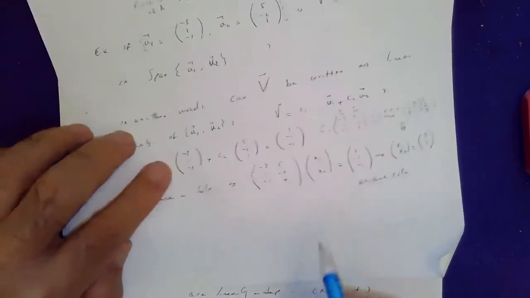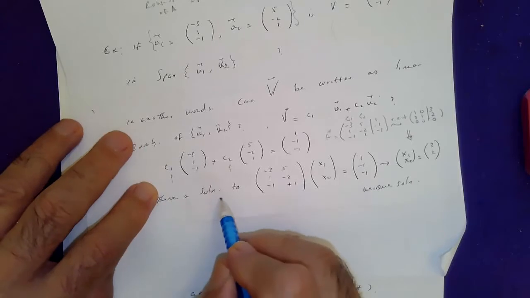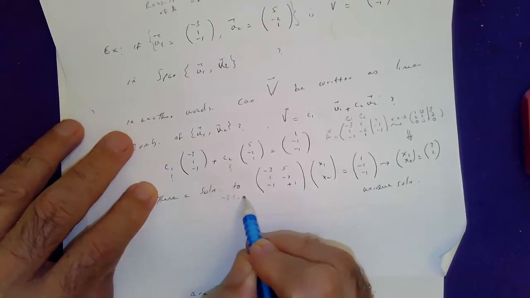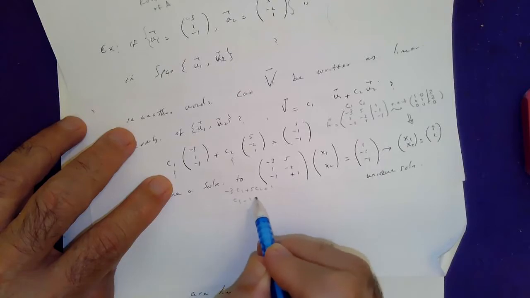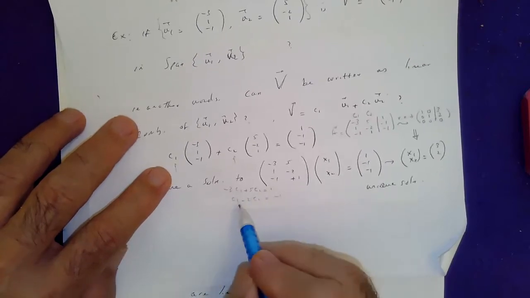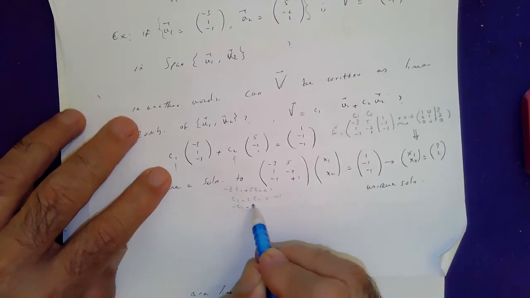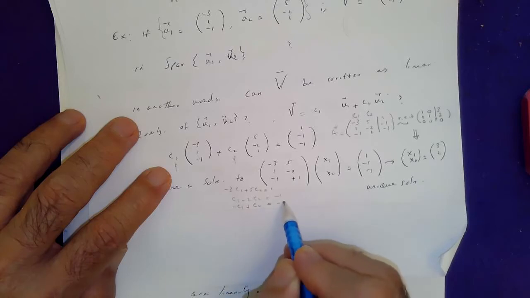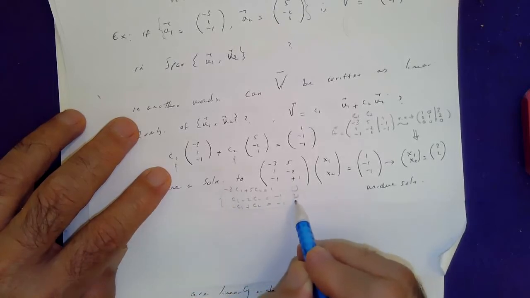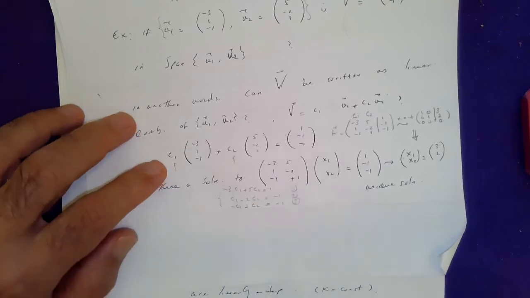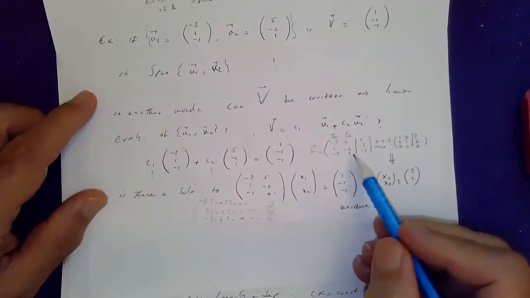You know what the equations are, don't you? That would be -3c1 + 5c2 = 1. C1 - C2 = -1. And -C1 + C2 = -1. Notice I have three equations but two unknowns.